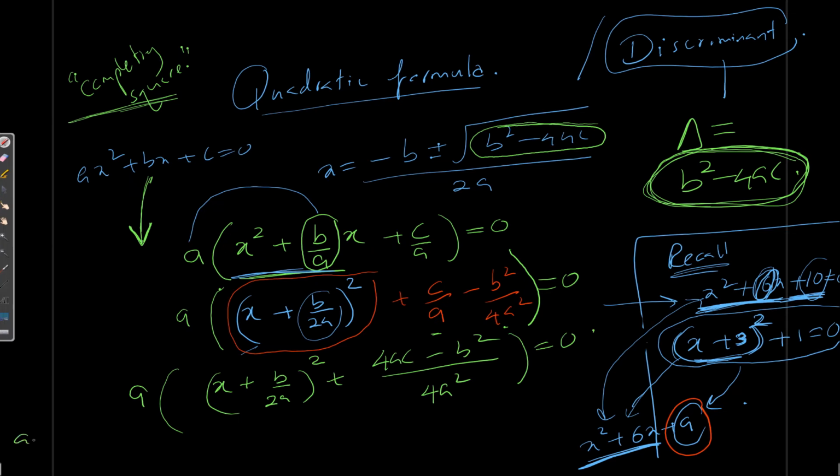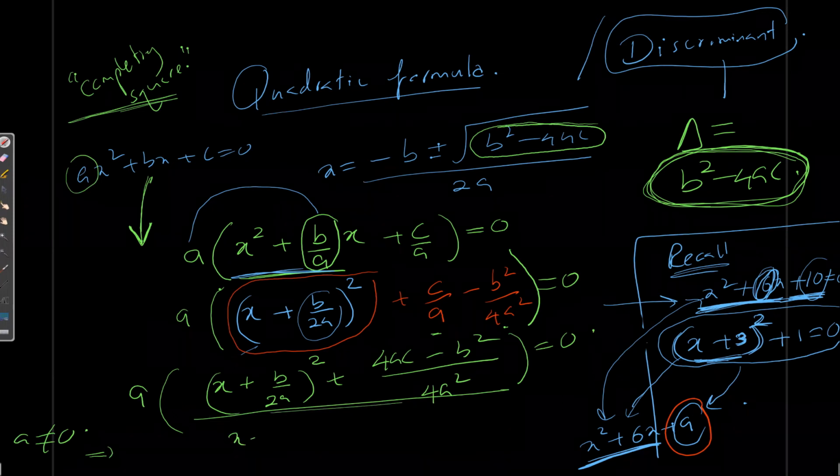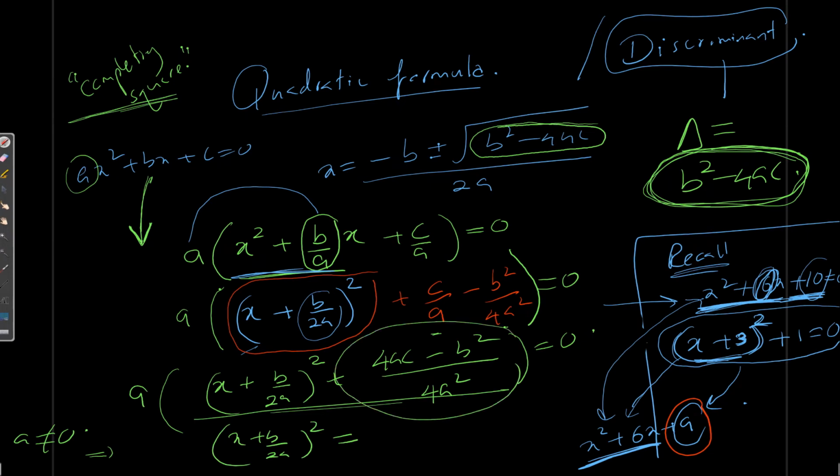We know a is not 0, right? We know a is not 0 in the quadratic equation. That forces this part to be 0. So what we are getting here is x plus b over 2a, squared, equals, when I take this whole term to the other side, the sign changes, b squared over 4a squared, right?